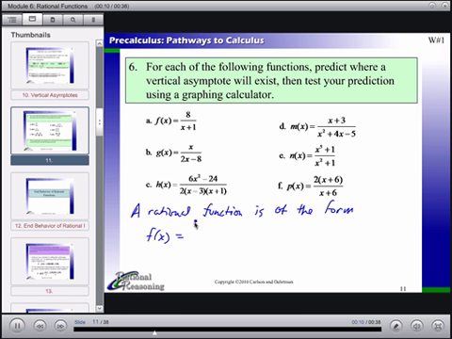So we'll call it n of x for numerator, d of x for denominator. So n of x and d of x are both polynomials.